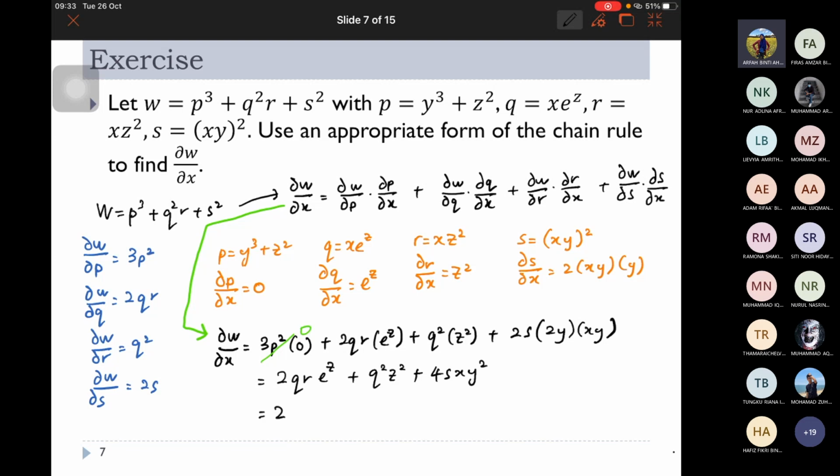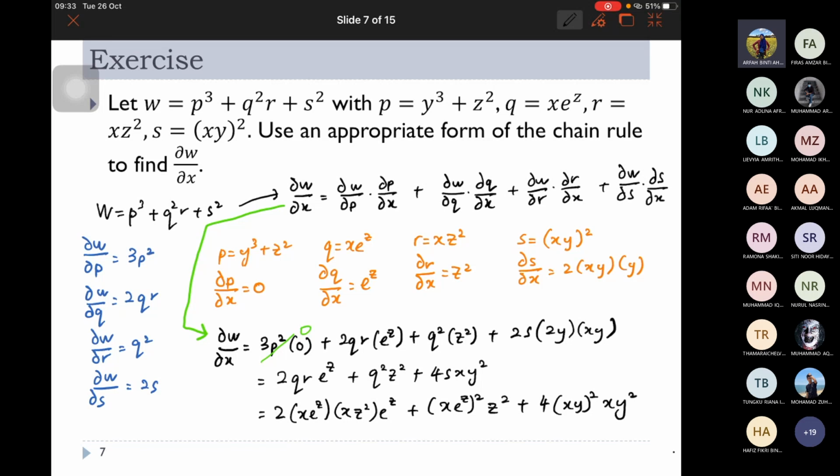Q sama dengan X exponential Z. Okay. Dan R sama dengan X Z squared exponential Z. Tambah Q kuasa 2 X exponential Z kuasa 2 Z kuasa 2 tambah 4 S adalah X Y squared darab dengan XY kuasa 2.